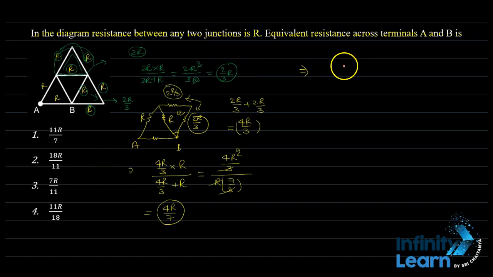Further, we can draw all the resistances as given here. Now this triangular shape has equivalent resistance of 4R by 7. So here, this is point A, this is point B. This side resistance R, this side resistance R, and this resistance has value 4R by 7.